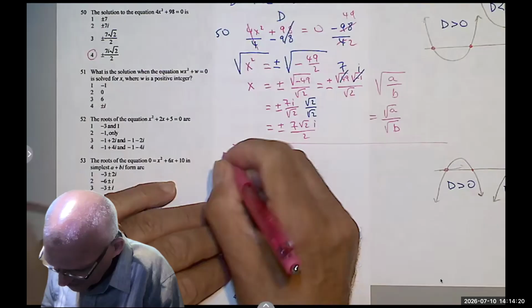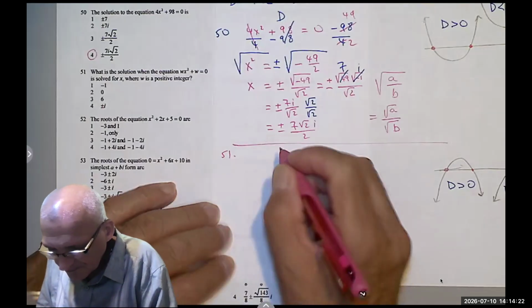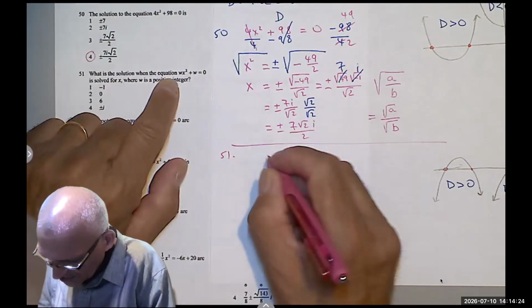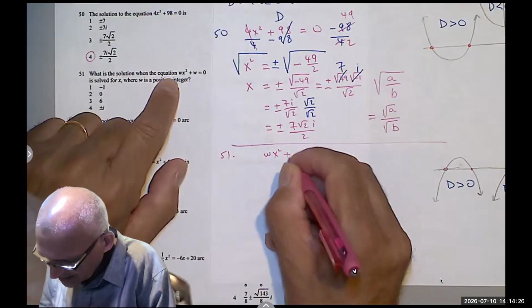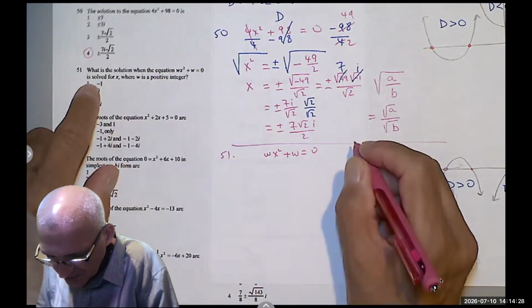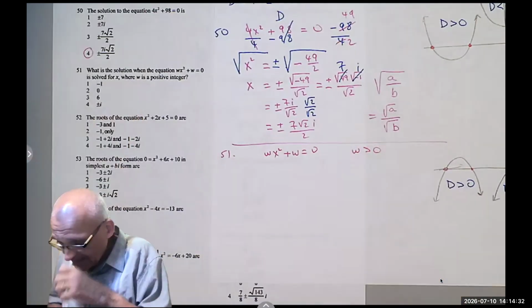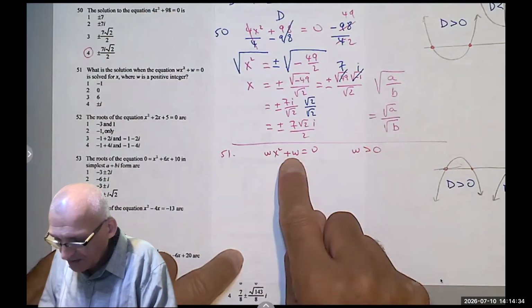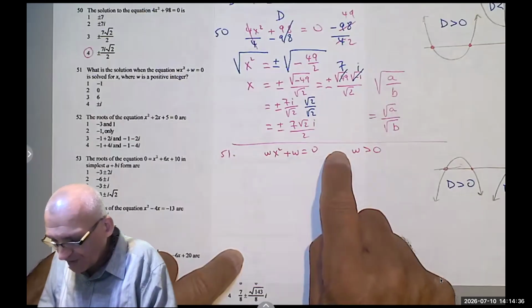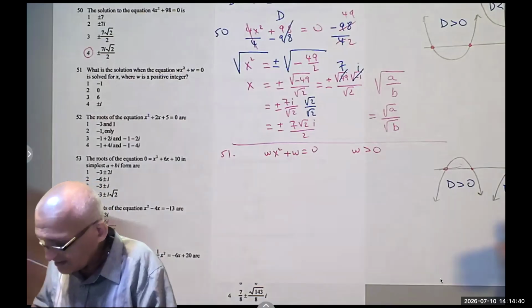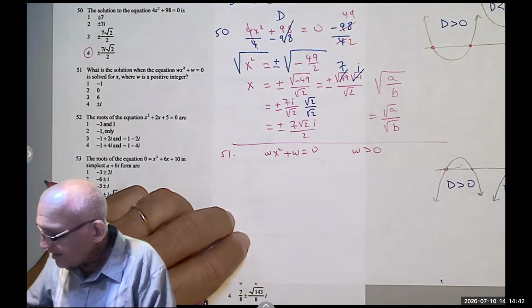This is number 51. What is the solution of the equation wx squared plus w equals 0 solved for x, where w is positive? Why do they say that? Because if w is negative and you move it to the right, it becomes positive and you won't get any imaginary answer, right?